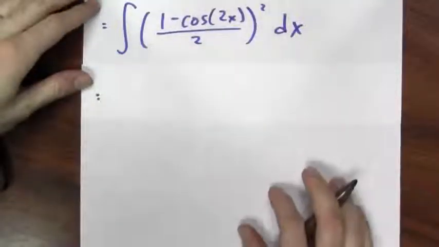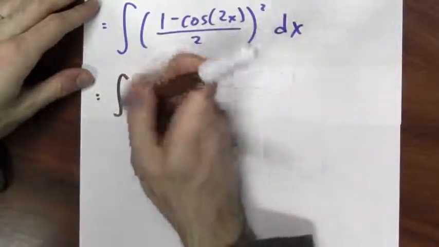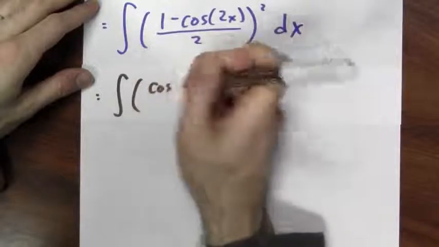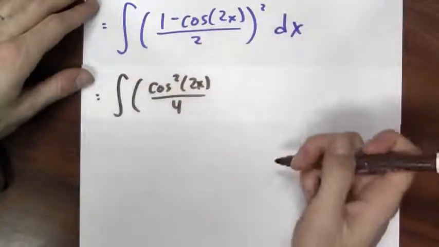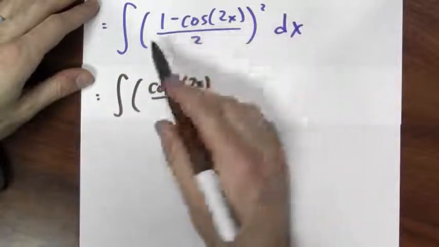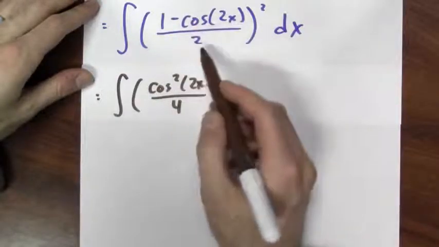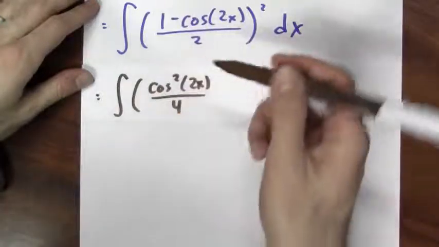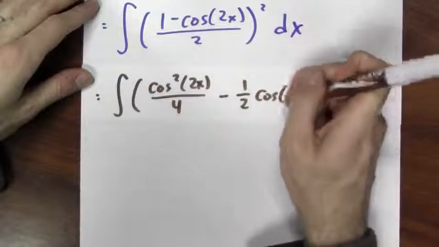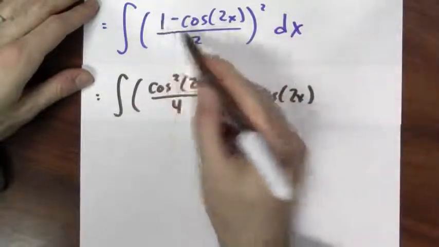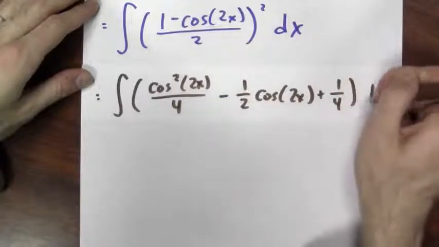So I get, this is the same as integrating, well, the cosine 2x over 2 term squared is cosine squared of 2x over 4. And then there's a cross term, the 1/2 times minus cosine 2x over 2, and there's 2 of those. So I'll end up getting minus 1/2 cosine 2x, and there's the 1/2 term squared, which is plus 1/4.